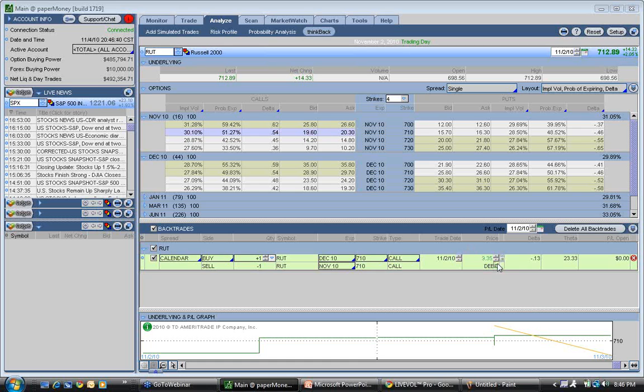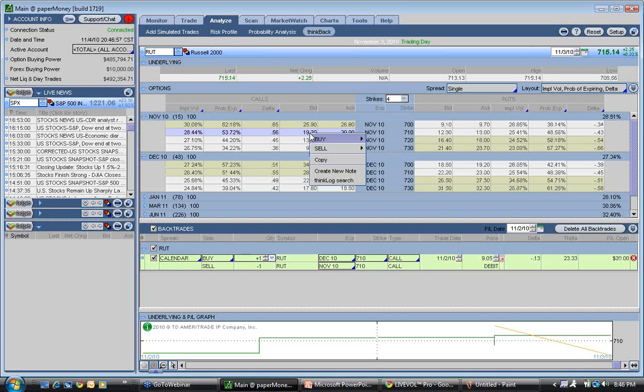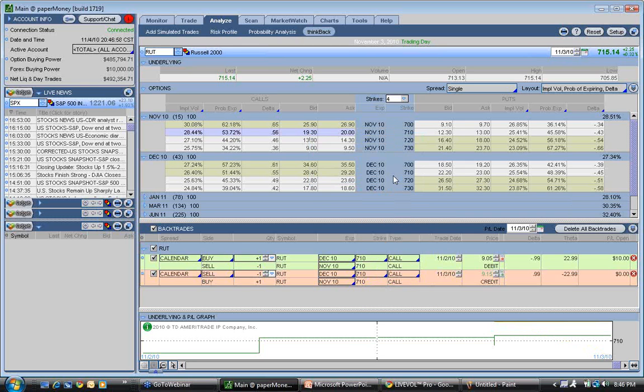So I watched a student buy this exact spread for $9.05. It's a huge vol premium. Well, we come in the next day, and we watched this thing collapse.